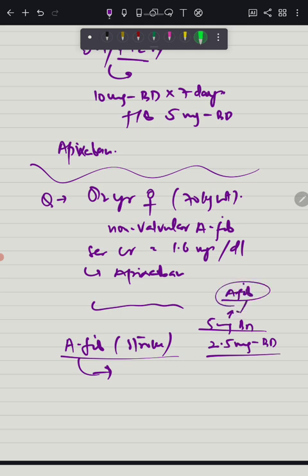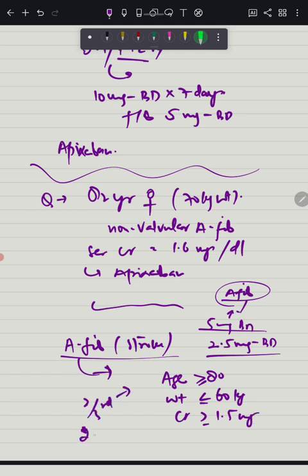But what is the catch here? Female patient, age greater than 80, weight less than or equal to 60, creatinine greater or equal to 1.5. So if 2 out of 3 are fulfilled, then you have to treat AFib with 2.5 mg BD.